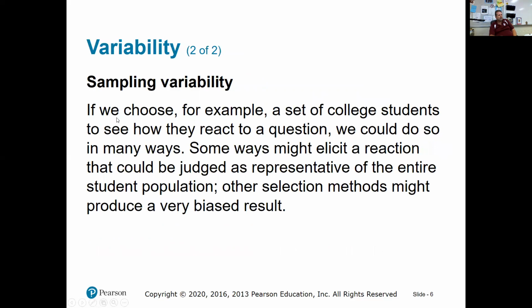And then sampling variability. If we choose, for example, a set of college students to see how they react to a question, you ask a bunch of people the same question, you're going to get a bunch of different answers. Some may elicit a reaction that could be judged as representative of the entire population, and others might not.